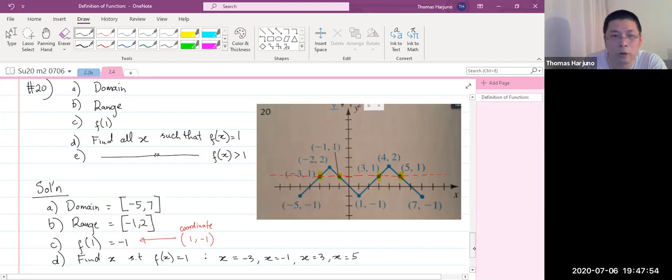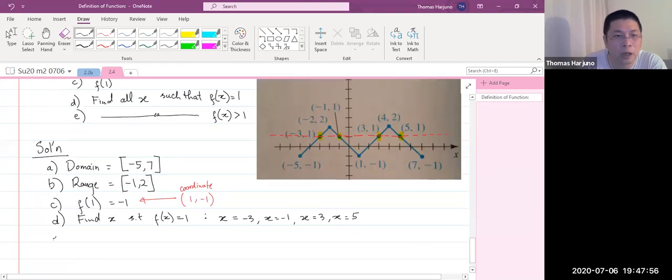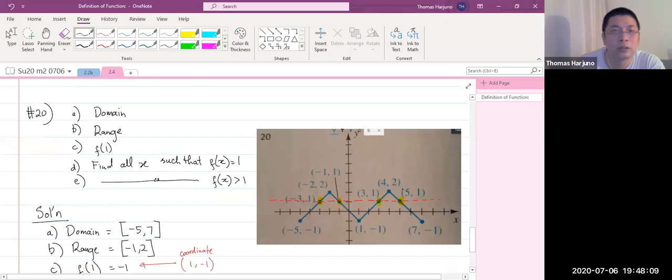Now we go further and find x such that f(x) is greater than 1. You want to find all the x's such that when you plug them in, you get the portion of the graph above y equals 1.